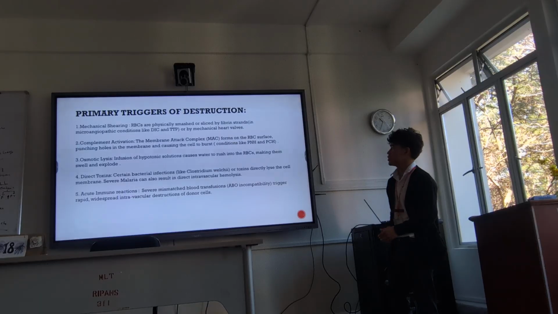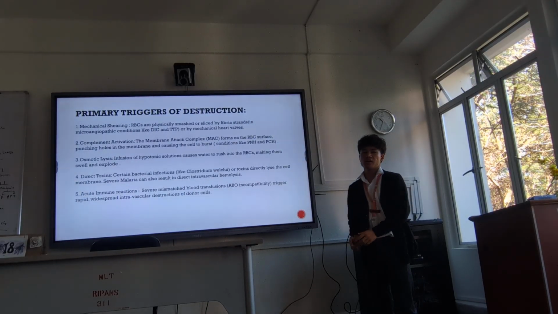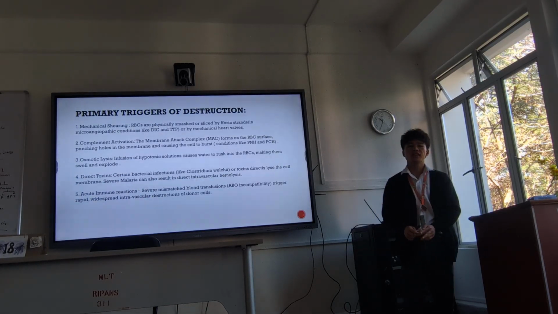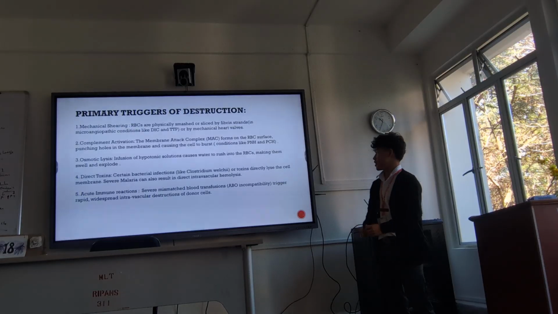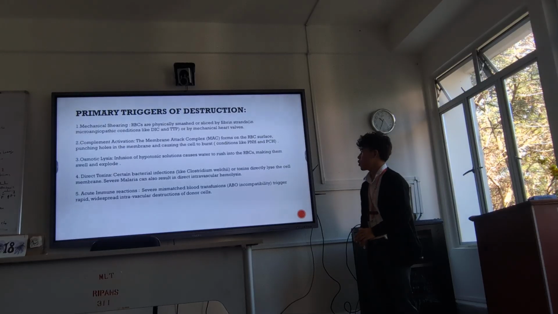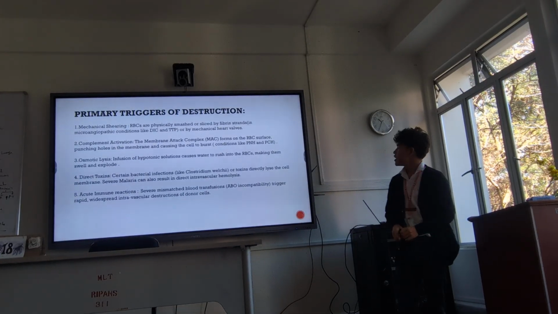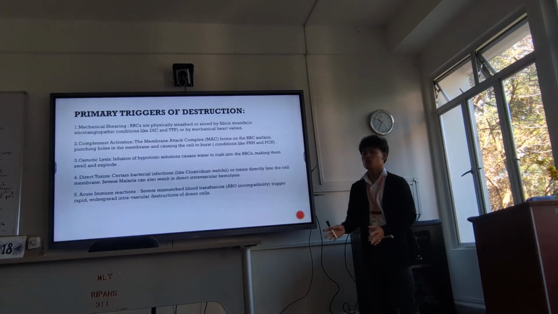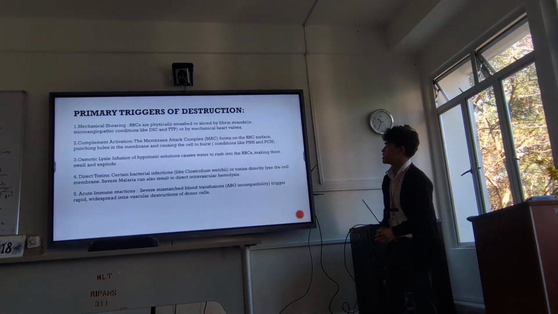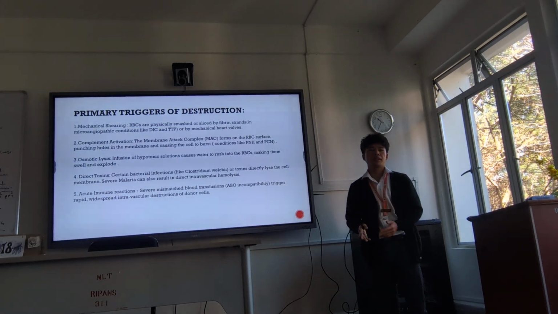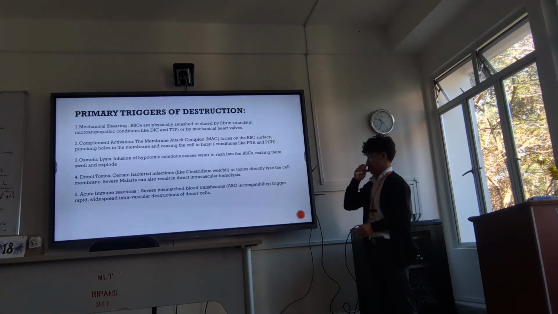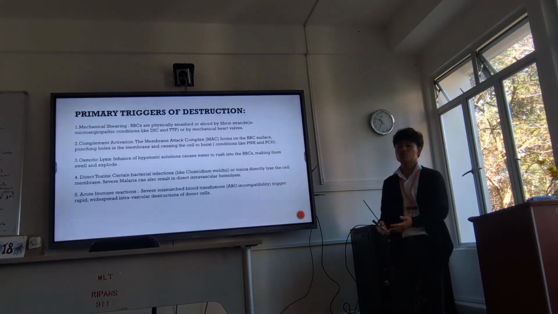These are the primary triggers of destruction. First, mechanical shearing in small blood vessels, MAHA, microangiopathic hemolytic anemia, like DIC or TTP, thrombotic thrombocytopenic purpura, or mechanical heart valves. The next one is complement activation, the membrane attack complex, which includes C1, C2, C3 till C9, that forms on the RBC surface and makes holes in the membranes, making them fragile and causing them to lose cell integrity, so the cell bursts easily.